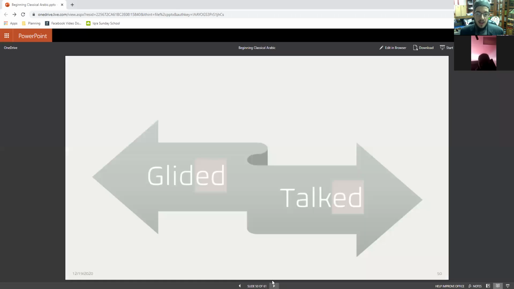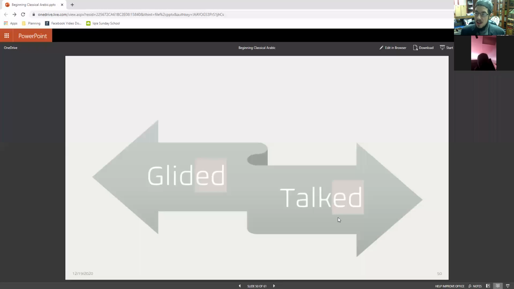Okay, and so here we have an example of this sort of principle in English. We pronounce the first word here on the left, glided, right? I glided over the icy road. But then the same suffix, if it follows a different letter, we pronounce it entirely differently.